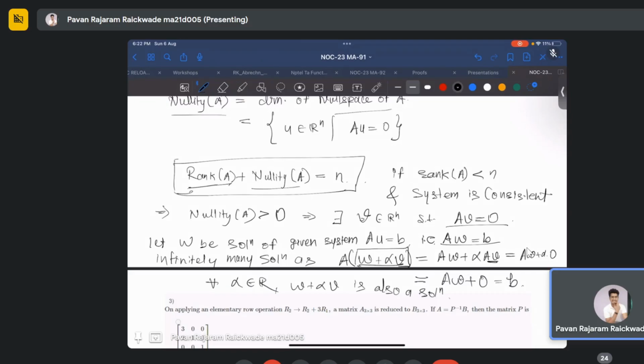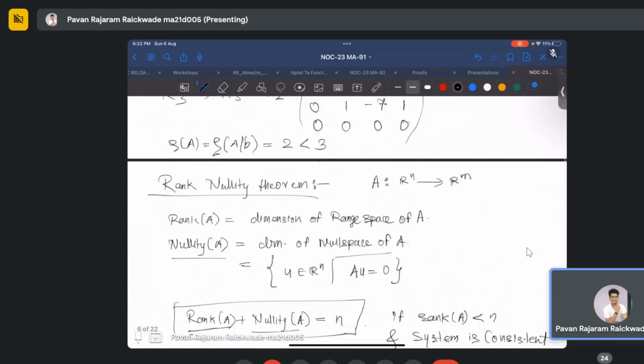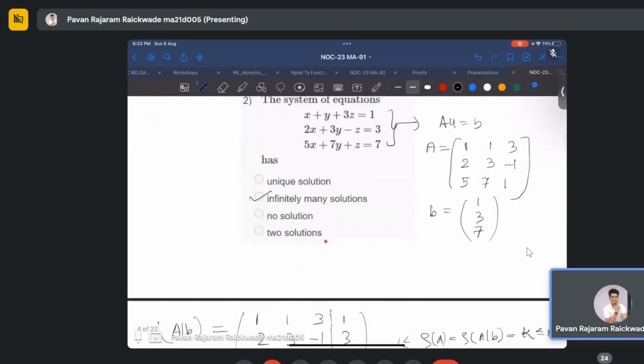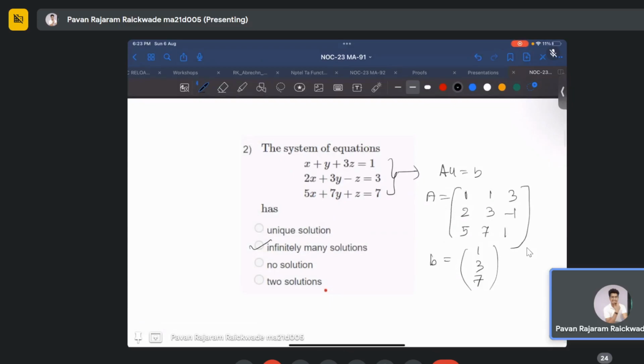In this way, I get infinitely many solutions if the rank of A is strictly less than n. I hope this is clear. Now the answer to this question is 2, because the rank of A is the same as the rank of augmented A B, which is less than 3.